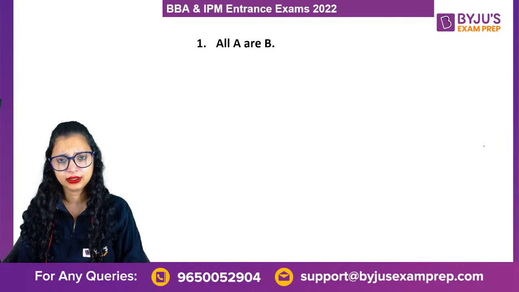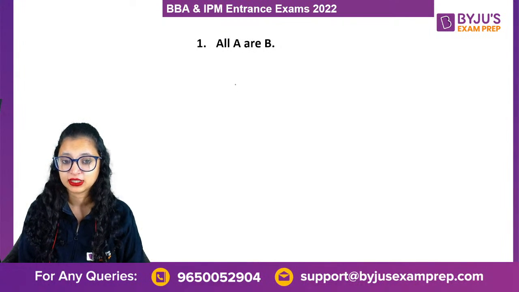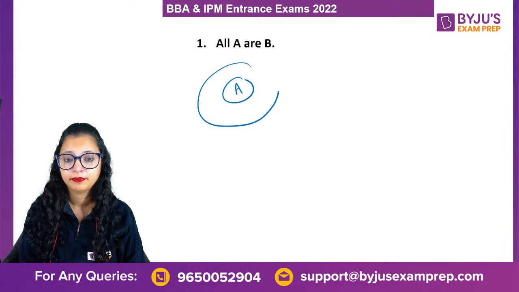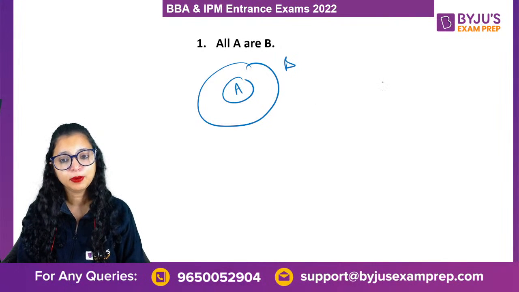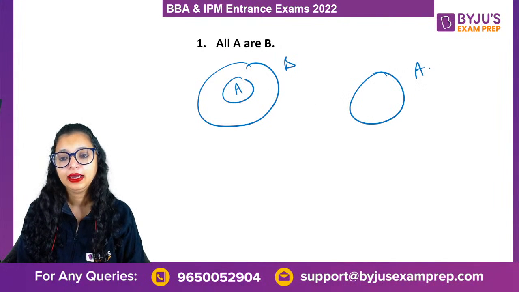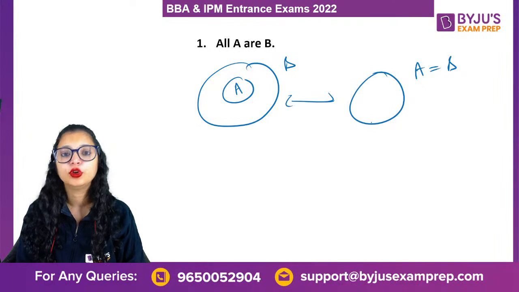Let's quickly draw a diagram for this. When I say all A are B, there were 2 cases we had drawn for that. One is all A are B through this Venn diagram, and the other possibility was A is equal to B. These were the 2 possible scenarios in which all A are B is going to be true.